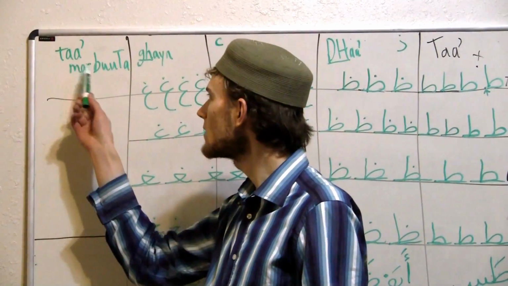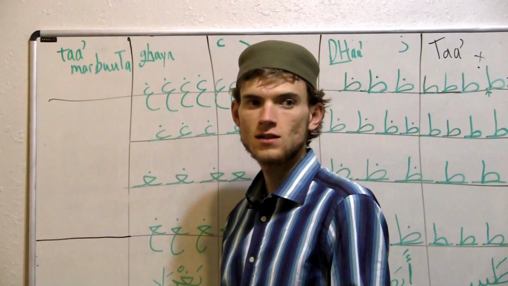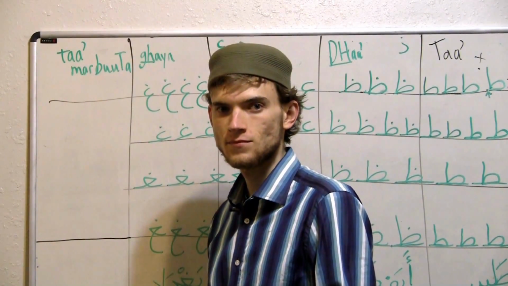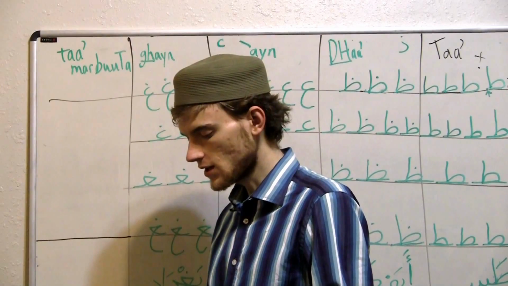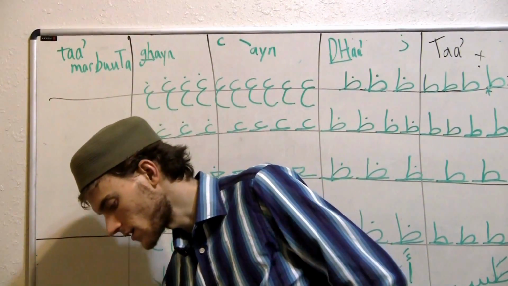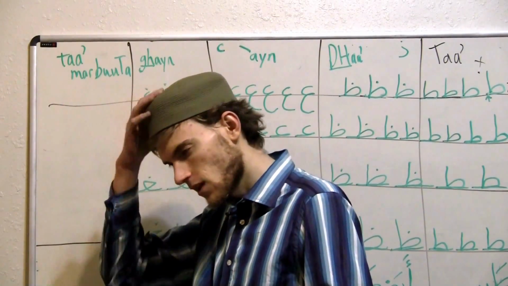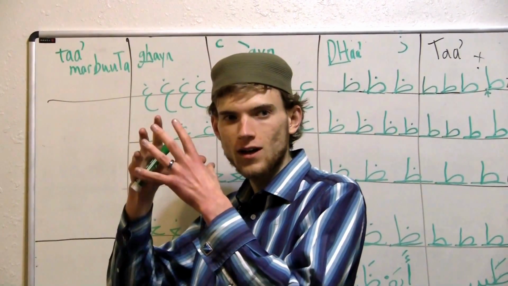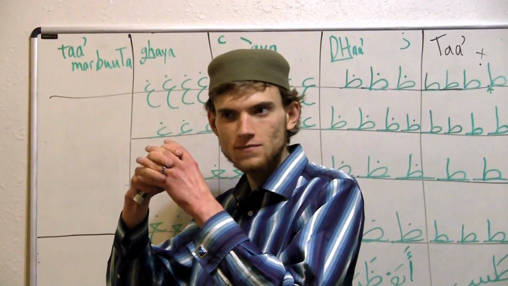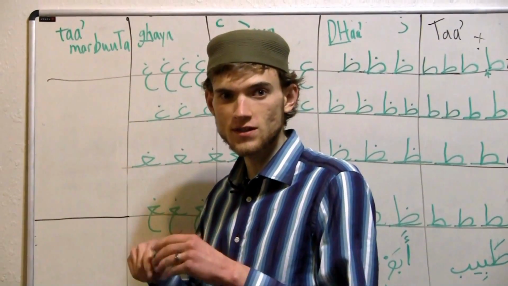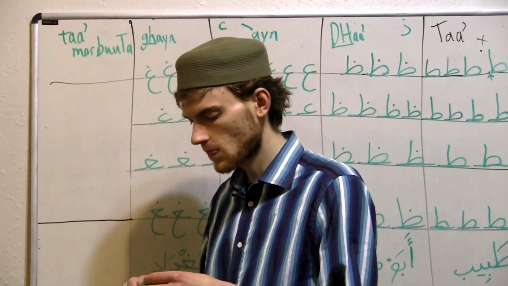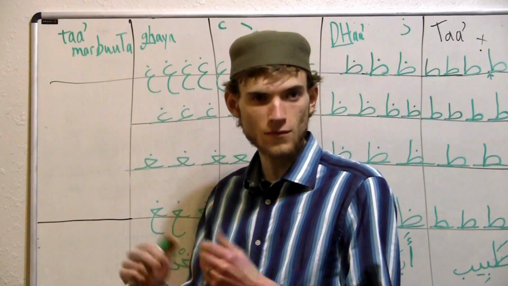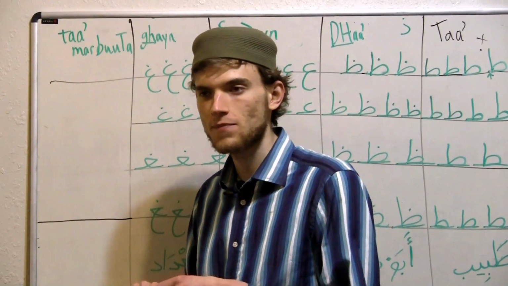Say that for me. Taa marbuuṭah. Taa marbuuṭah. Literally, it means a connected ta or a bundled up ta. We've already seen the ta, first letter in the Arabic alphabet.